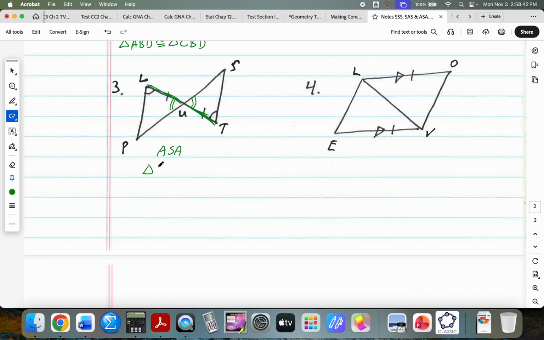So then if I call the first one triangle LUP, again, the first one, call it whatever you want. But then you just got to make the parts match up. What does L match up with in the other triangle? That's a T. How do you know it matches up with T and not S?